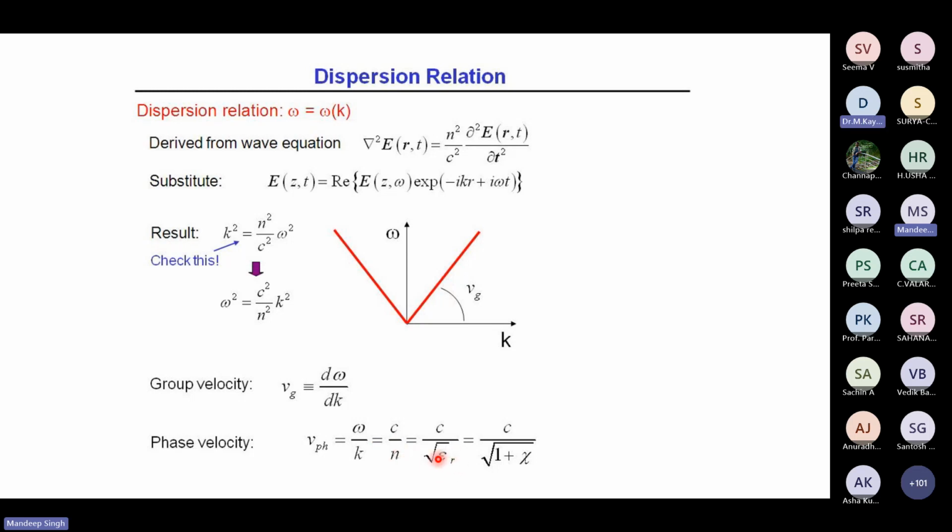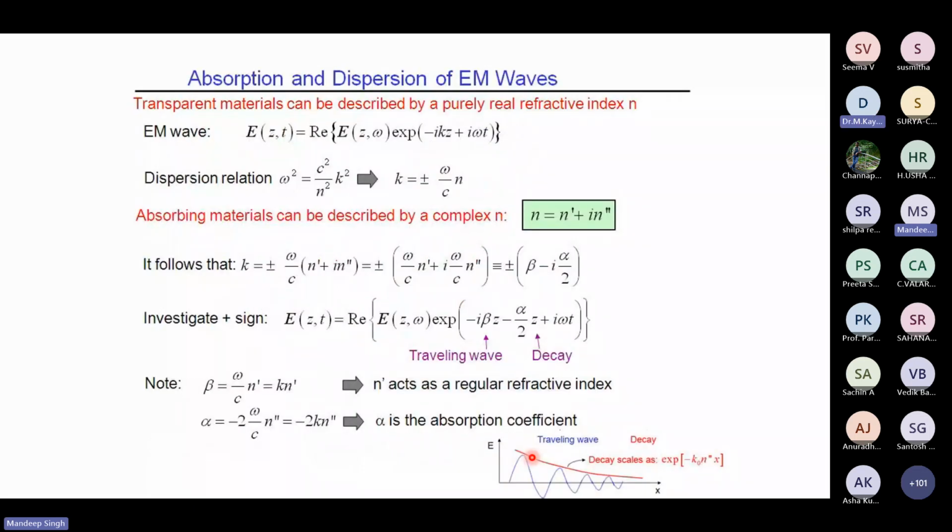And at the nanoscale, epsilon r is related to one more parameter, the susceptibility chi. So epsilon r equals 1 plus chi. So at the nanoscale, your phase velocity will change to c by square root of 1 plus chi. This is the phase velocity behavior at the nanoscale, and it is one additional point in the dispersion relation.